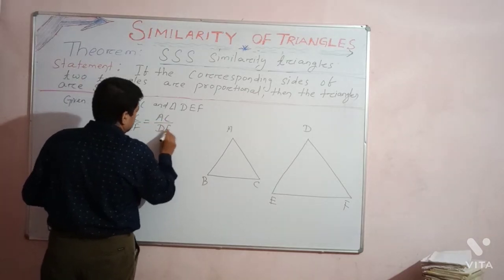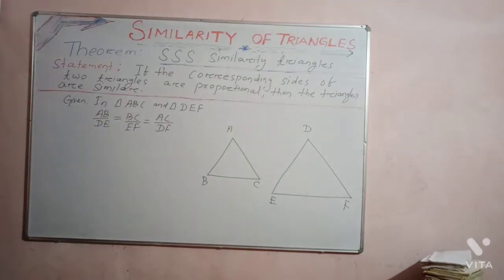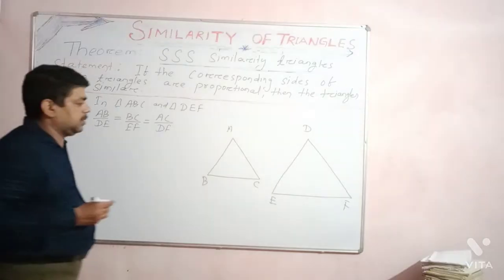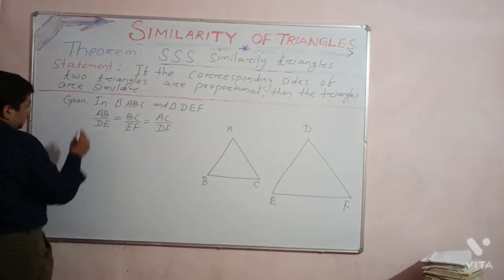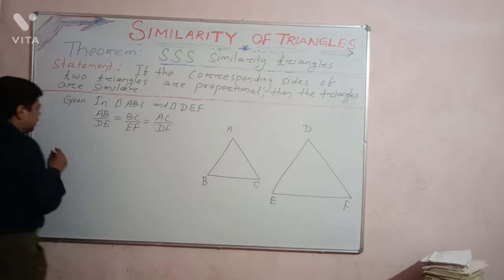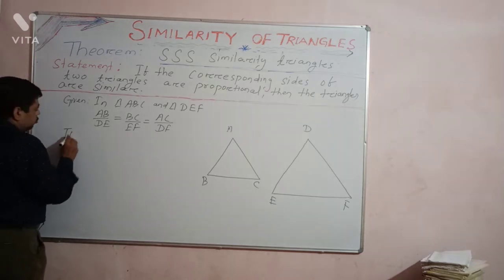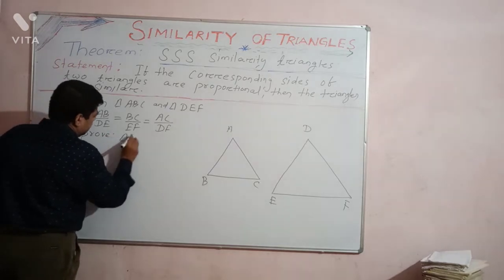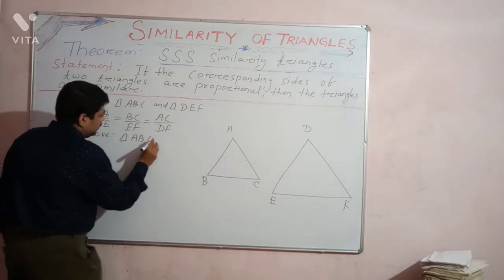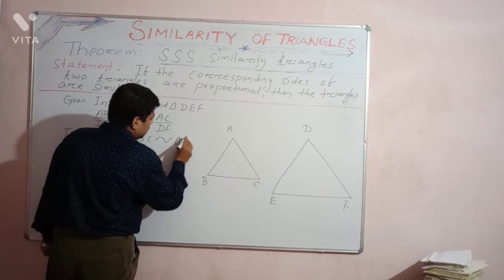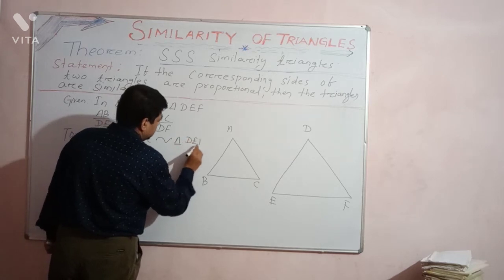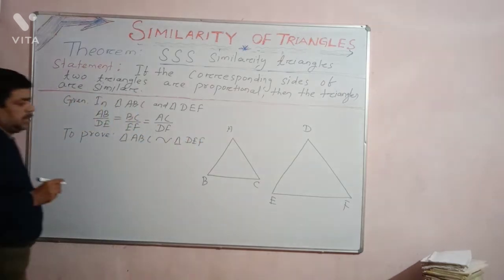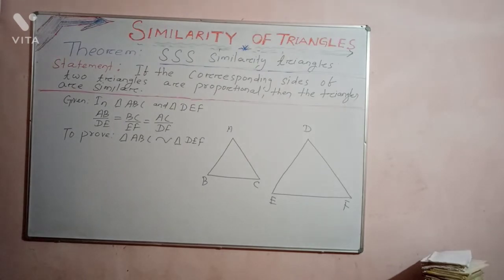It is given. Understand? It means the ratio of their corresponding sides are equal. To prove, we have to prove the triangle ABC is similar to triangle DEF.